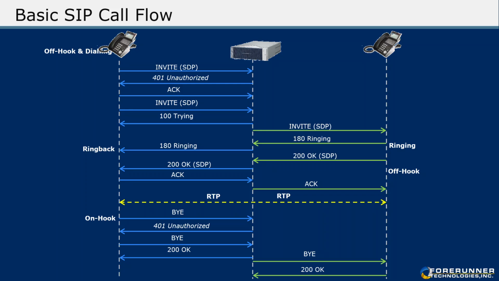So we need to become familiar with those. And of course, when we have a transfer or a call hold, the flow will change and we need to know how it is changing.